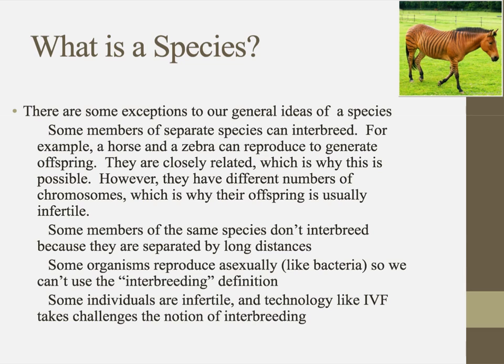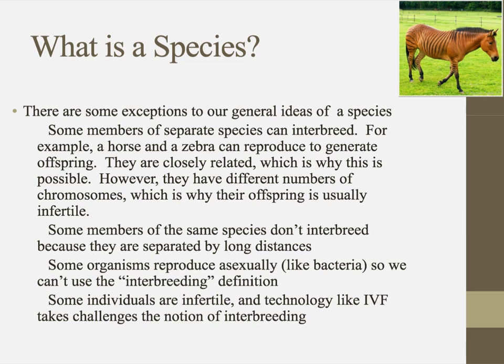Some organisms reproduce asexually, so what do we do there? Because I can't take one bacterium and make it mate with another bacterium to see if it produces fertile offspring. So for asexually reproducing organisms, we can't really use that interbreeding definition. We really have to take a closer look at genetics to determine if they're the same species.